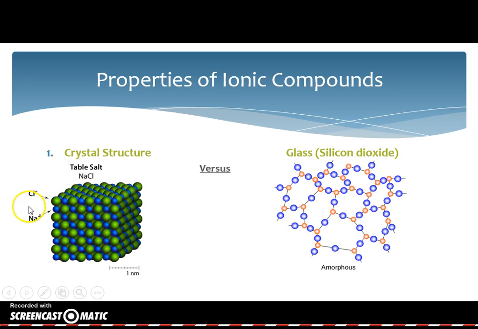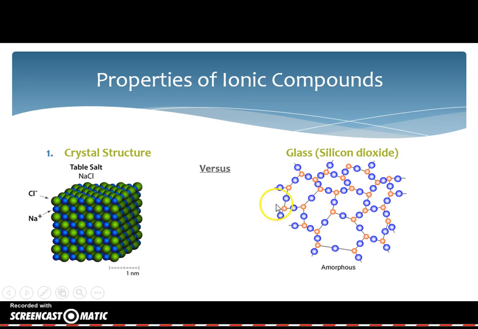Remember from our periodic trends that anions are bigger than cations. So the Na's are the little blues, and the Cl's are the big green ones. They get this nice, perfectly ordered, perfectly arranged structure, in this case with a 1-to-1 ratio. So for every 1 green, we have 1 blue.